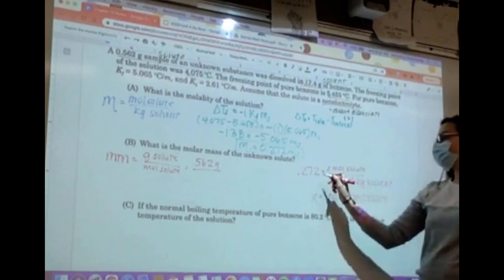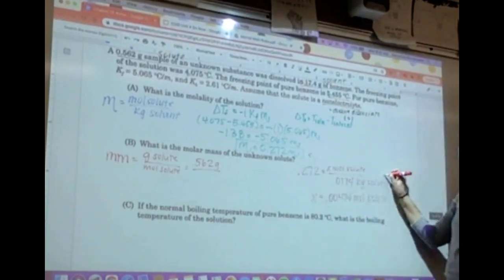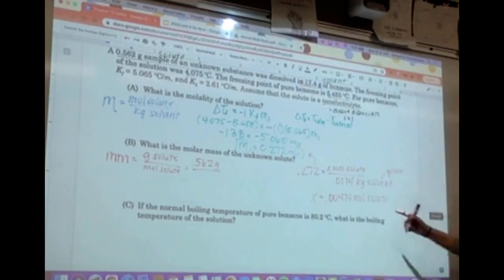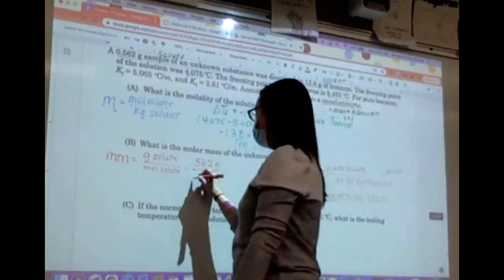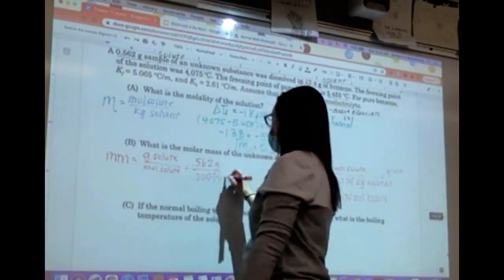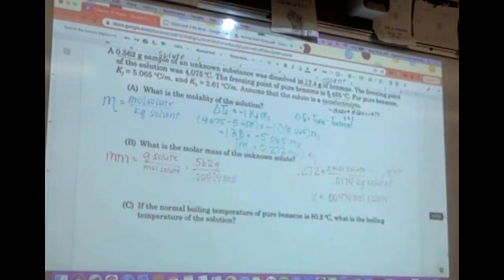So again, all I'm doing is using the molality from part A. Kilograms of solvent was given in the problem as grams, and we just went to kilograms. So here's my moles of solute. Grams of solute is what we used, and moles of solute we could calculate from molality.